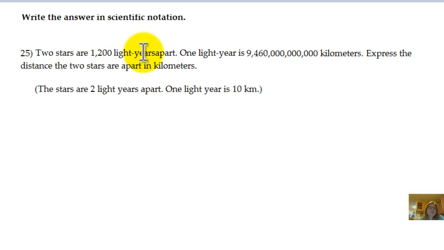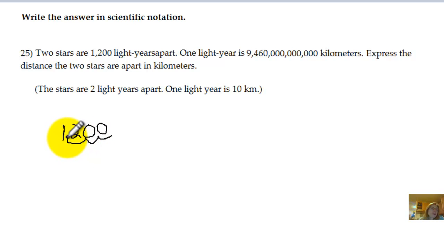1,200 light year number. And they want you to put it in scientific notation because they want you to do the math in scientific notation. If we change 1,200 light years into scientific notation, you take the decimal and move it until the 1 is in the ones place.